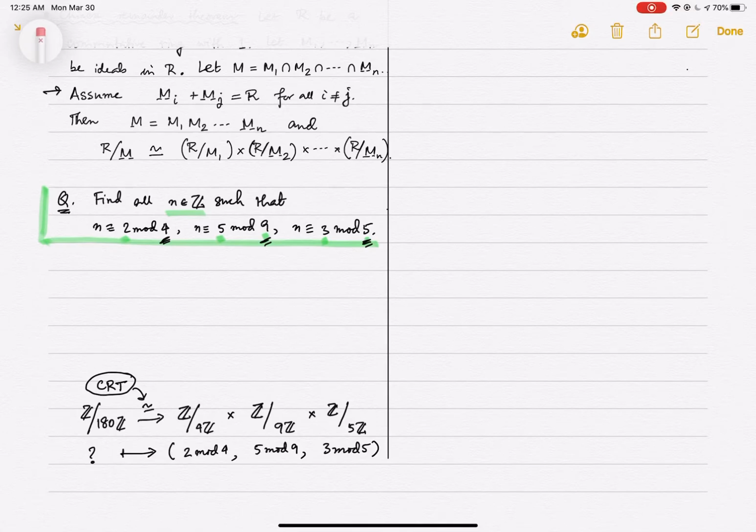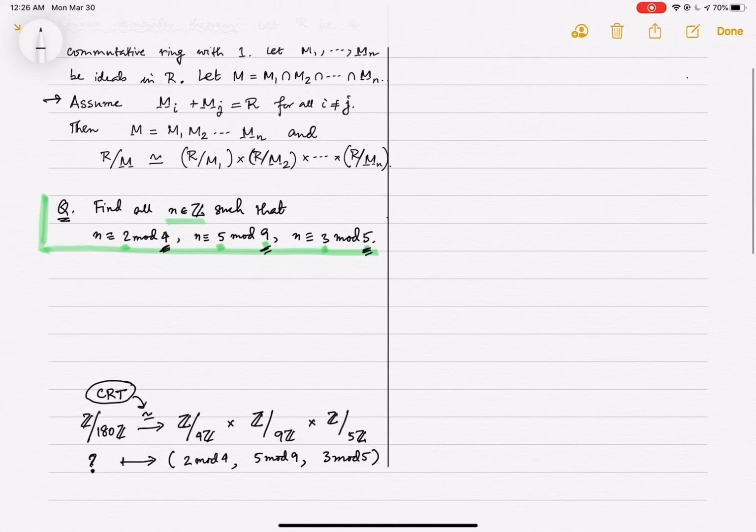Okay? But to find this number or numbers, there will be a unique number mod 180, meaning once you find one of them, you can get all of them by adding multiples of 180 to it. But to find one of these numbers, you need to see why this map is onto. Meaning, I think that's better to do in general.